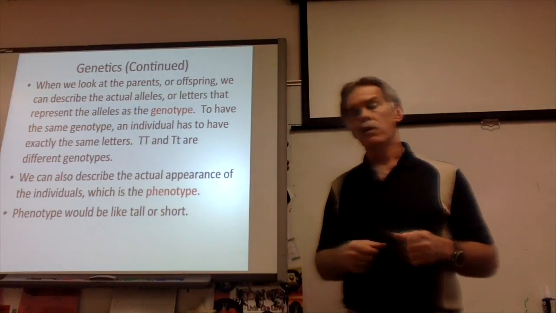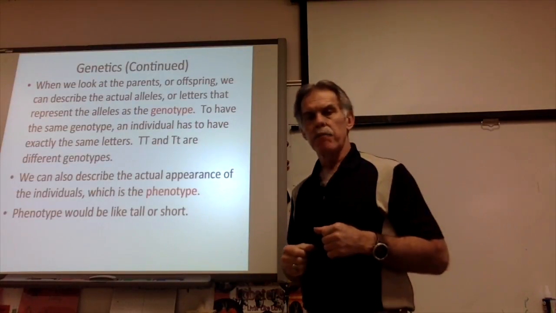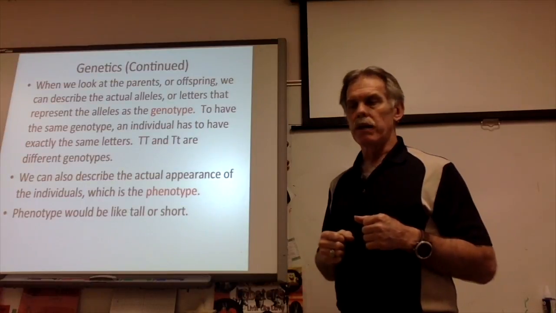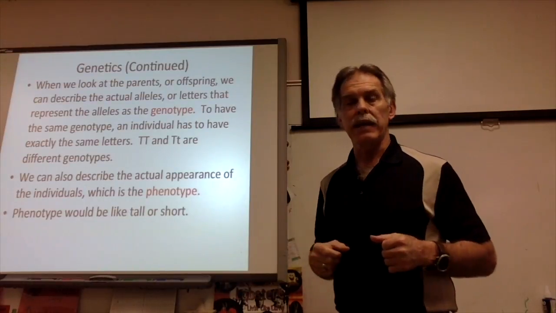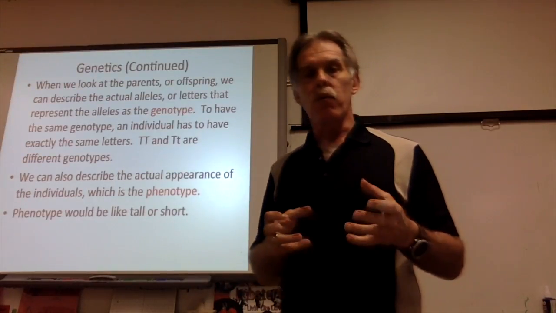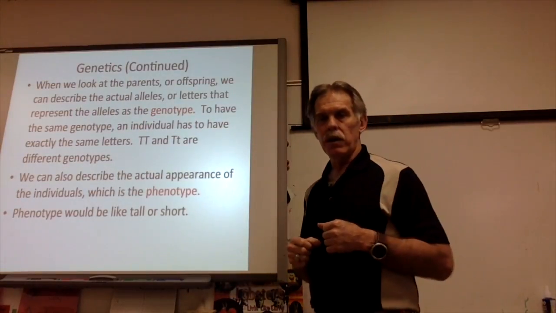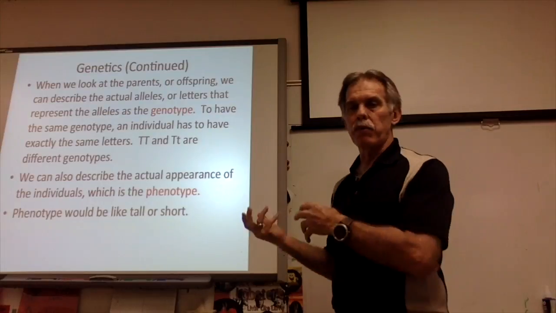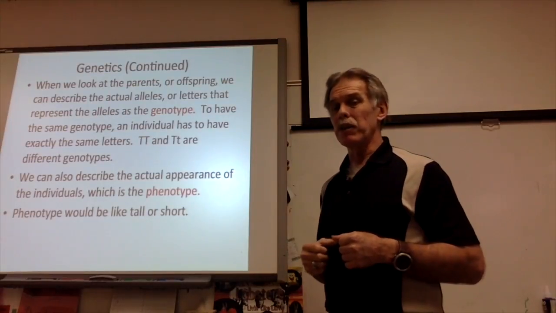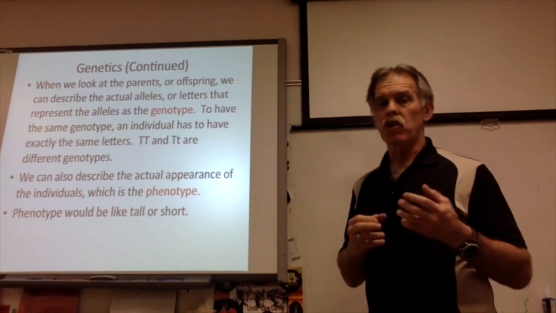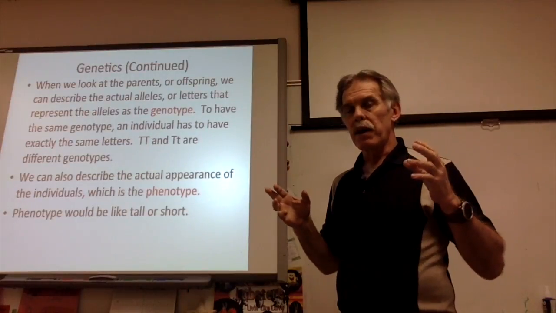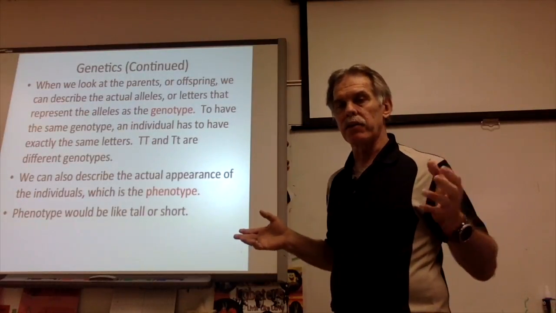Gregor Mendel was the person who gave us, we call him the father of genetics. He gave us a lot of what we're going to talk about today as far as how to study genetics and how to represent it. He did most of his work with pea plants, and tall and short is one of those mainstay characteristics.